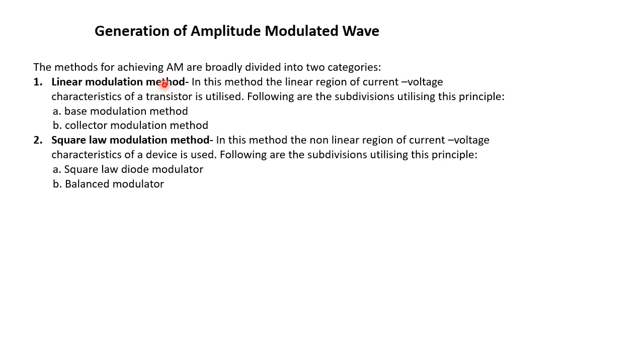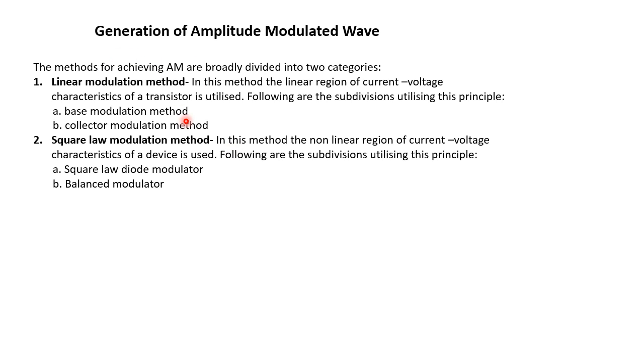The methods for generating AM are broadly divided into two categories. The first category is linear modulation method and the second is square law modulation method.